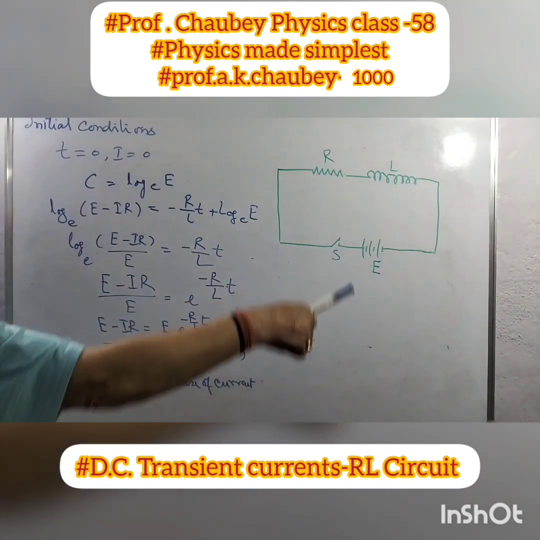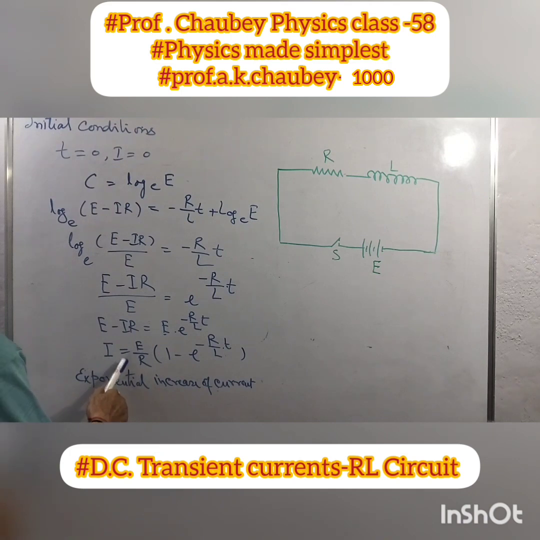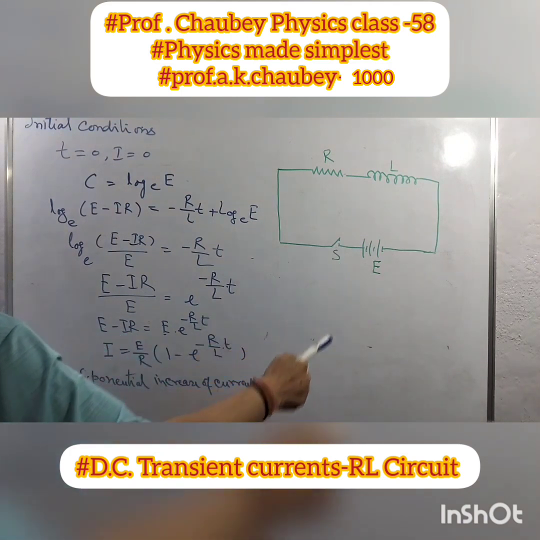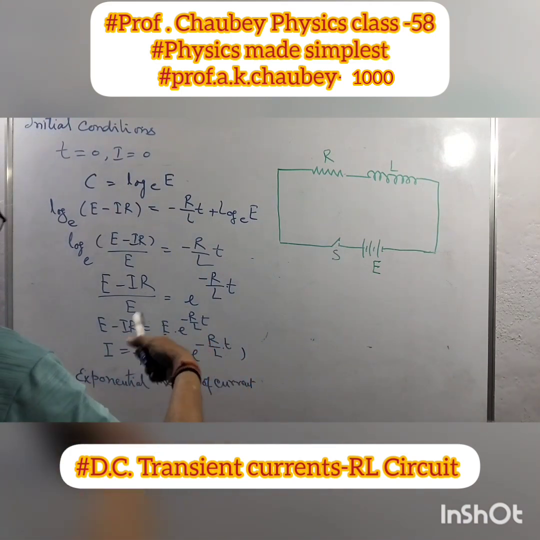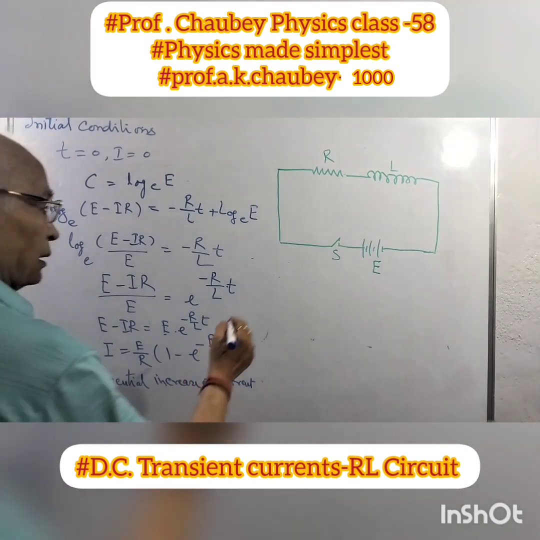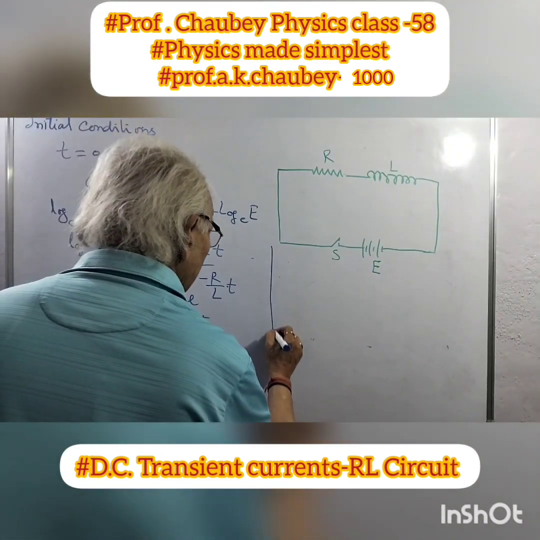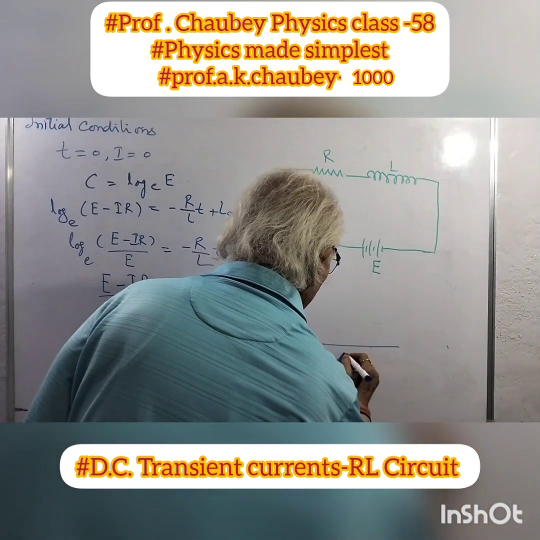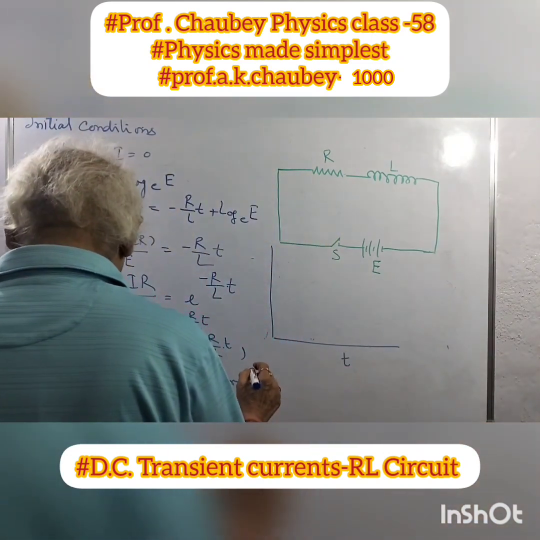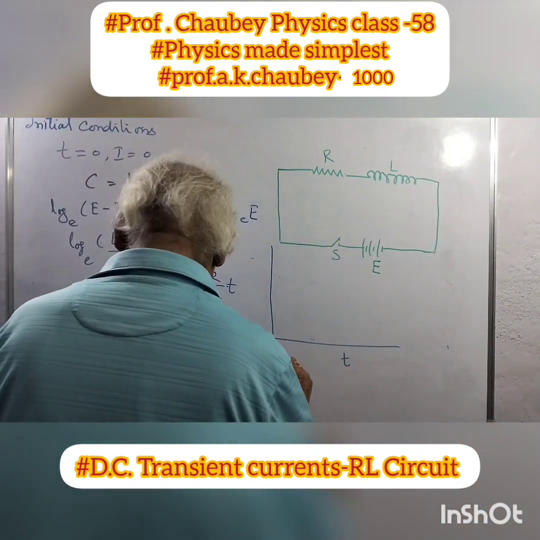That I have shown in the graph, and this is the mathematical equation. Exponentially the current increases, and obviously that was the equation that I have shown earlier at time t here.